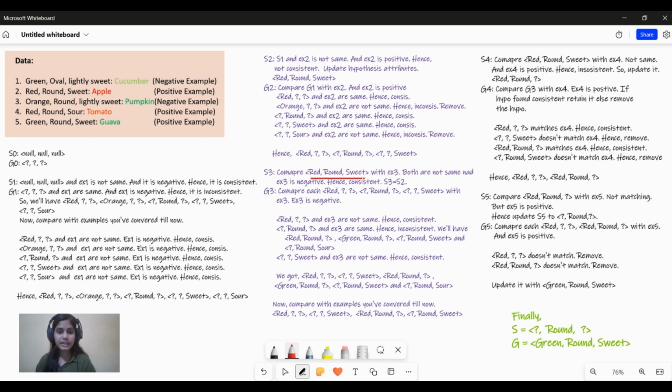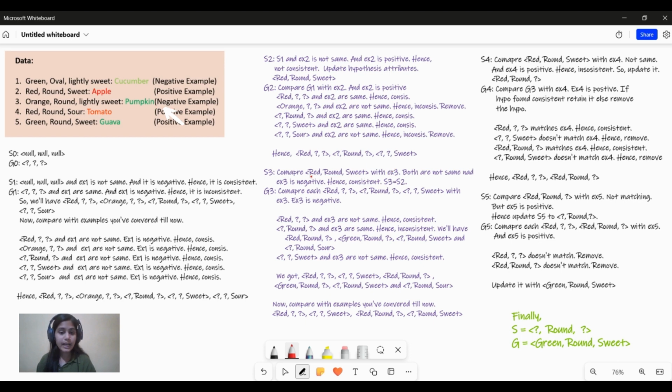Here if we compare this with example 3, which is negative, both are not same. Red, round and sweet, this is not same, this is same, but this is not same. So example 3 and this hypothesis are not same, but this example is negative, so it is consistent. So we will keep the hypothesis same as it is.